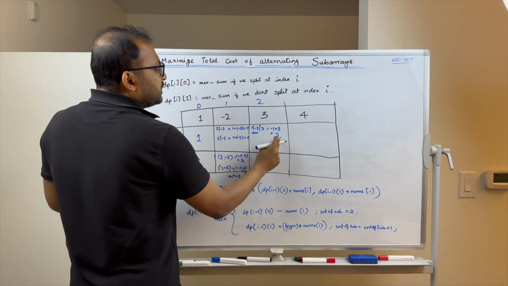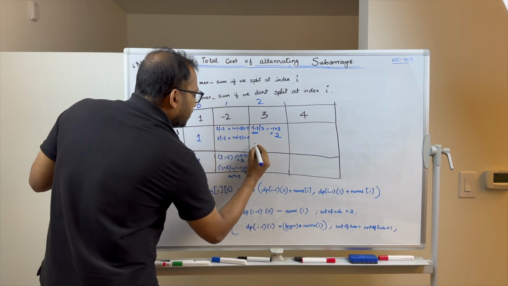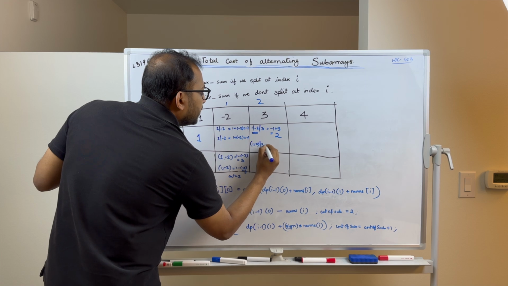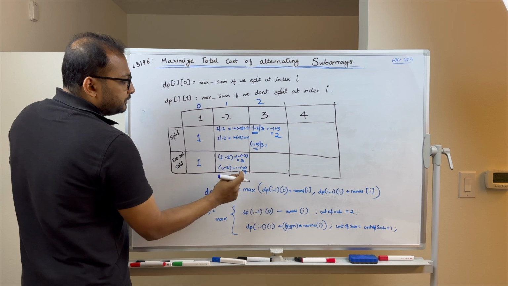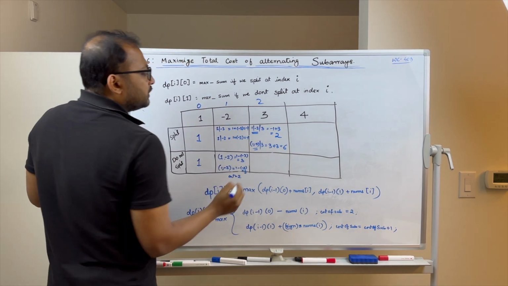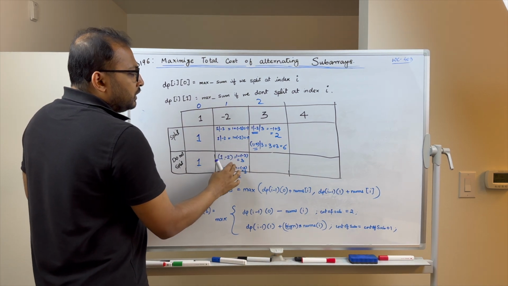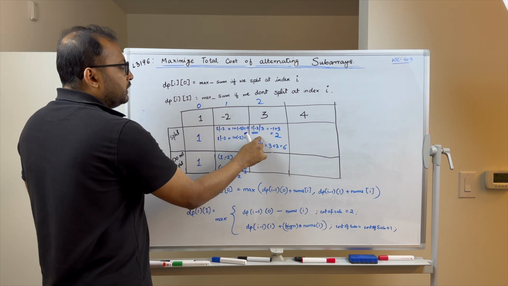This is one possibility. Another thing is we take this entire thing, 1 comma -2, we do a split and we take 3. We already know the value for this one is 3, so 3 plus 3 is 6. So we take either this one or this one, do a split, and take this particular array because we have to do a split here.